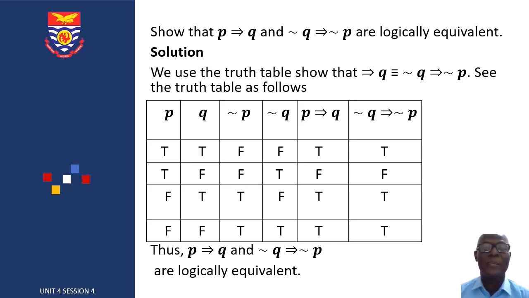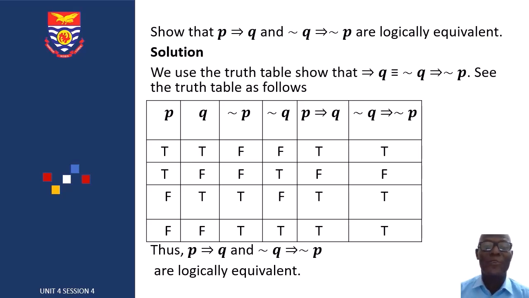Now the implication of their negations. If we consider the negation of Q implies negation of P, then in the table, if negation of Q is F and negation of P is F, then its implication is true.